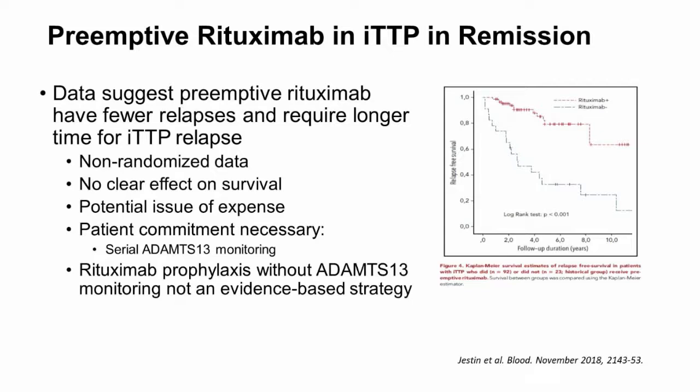In the red, it's the prophylactic or preemptive rituximab treated patients, and in the blue, historical controls. In this study, ADAMTS13 activity was measured every 3 months, which informed the decision of when to use the rituximab preemptively, typically when it was less than 10% as reported in this study. And this will be the source of another good practice statement we'll talk about toward the end of the presentation.